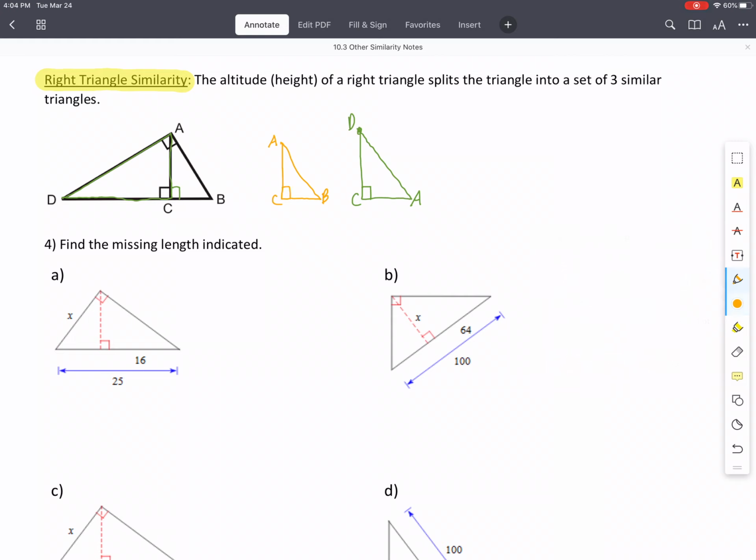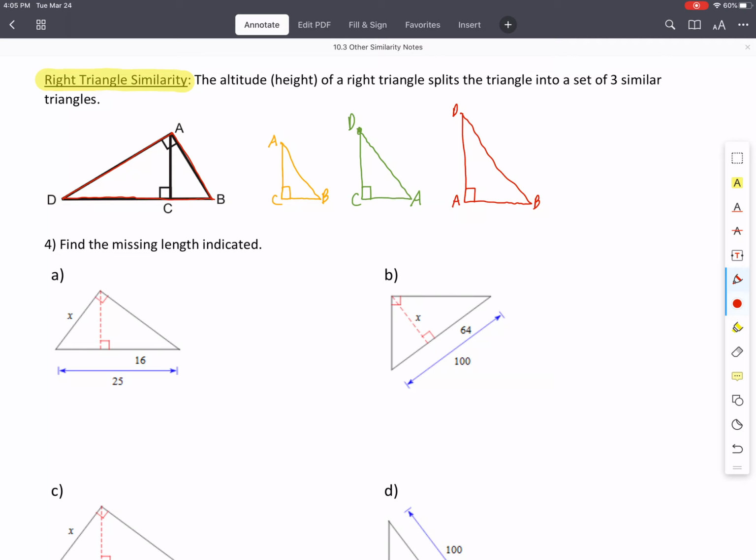So we got those 2 triangles, and now for our last triangle, erasing these ones, we have the big one, so just what our original one is. So we'd have triangle DAB, where that's the right angle.